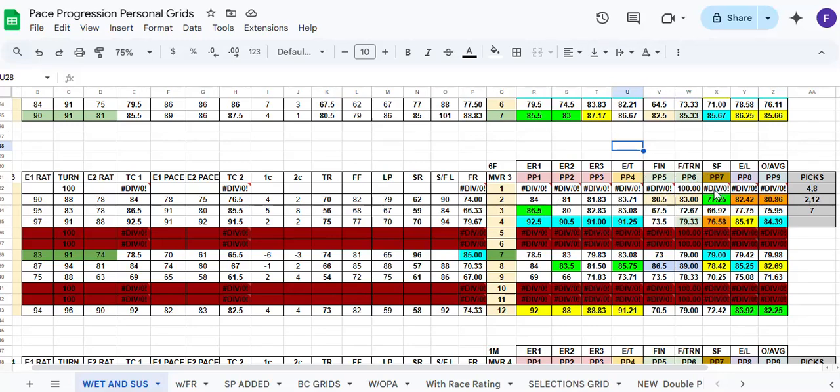Because again, it's averaging out his finishing ability along with a fitness rating comparing to other horses. So you see a horse that's dominant here, early and the turn, and he's somewhat dominant here.